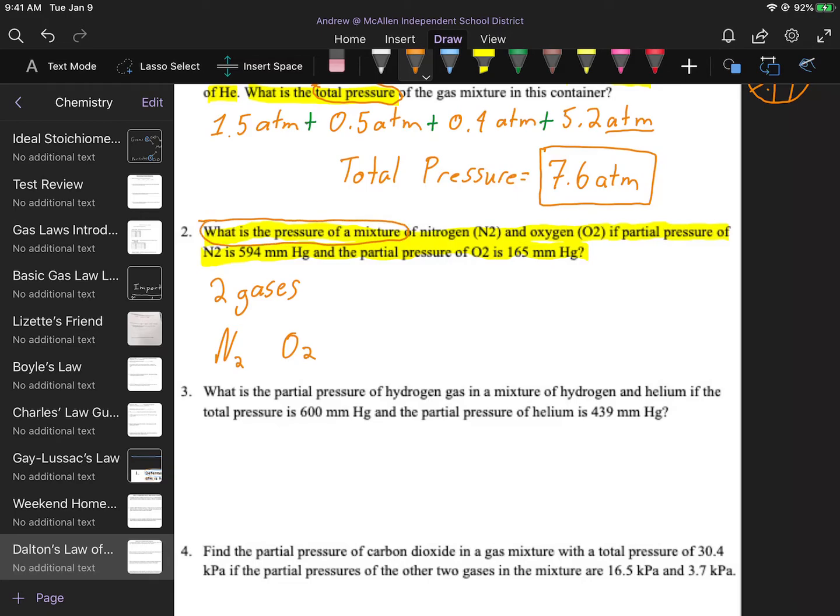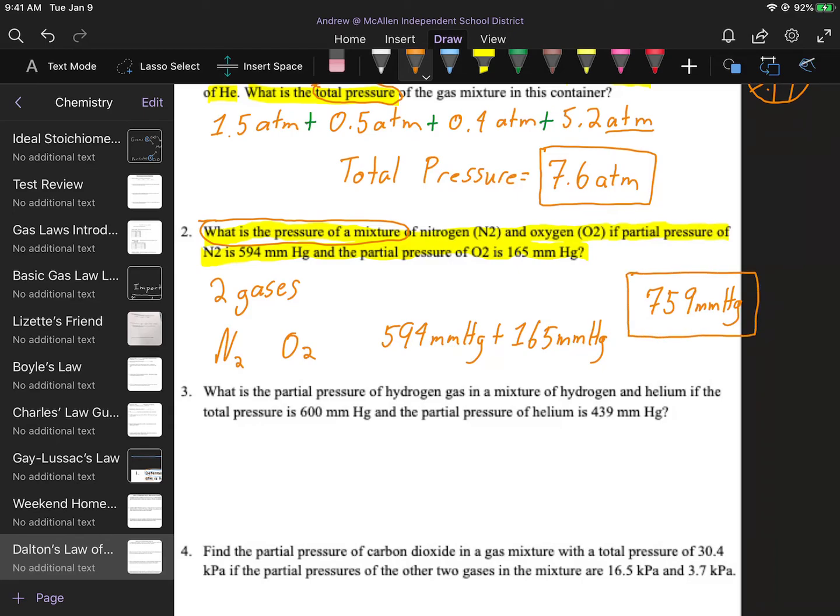That's the same thing as saying what's the total pressure. We're going to take the two parts. Nitrogen is 594 millimeters mercury, and oxygen is 165 millimeters mercury. So we're going to take the two parts and add them up. Find the total. That will be the total pressure. That gives us 759 millimeters of mercury.